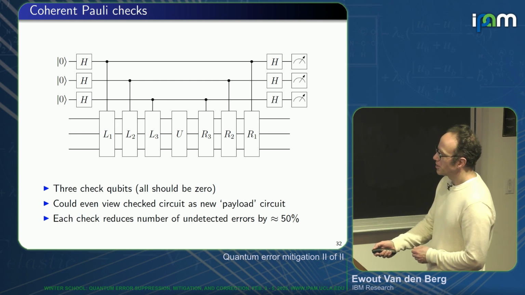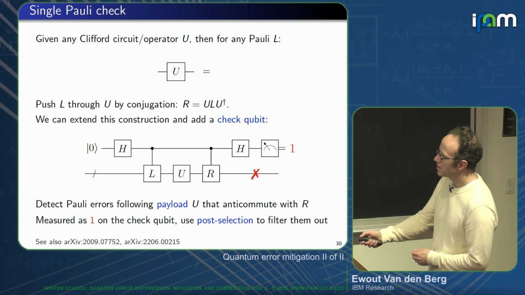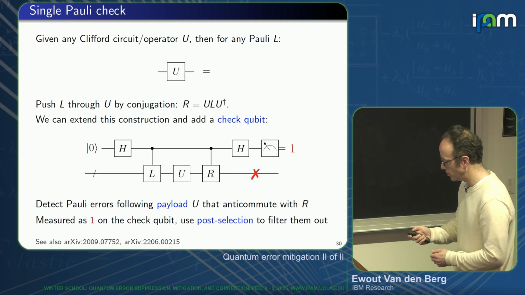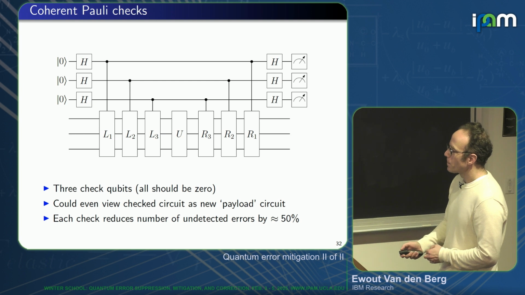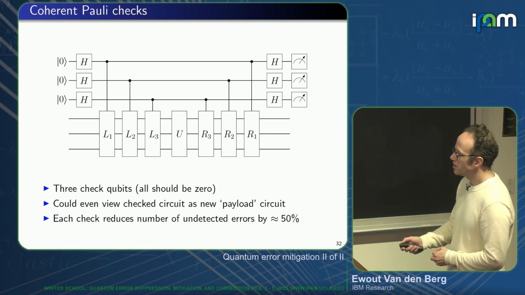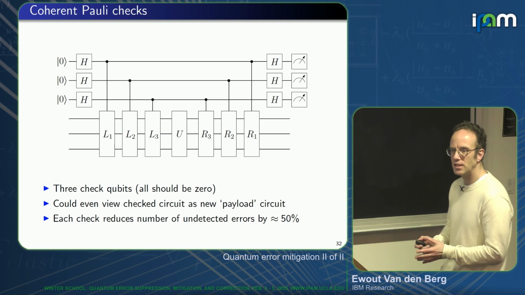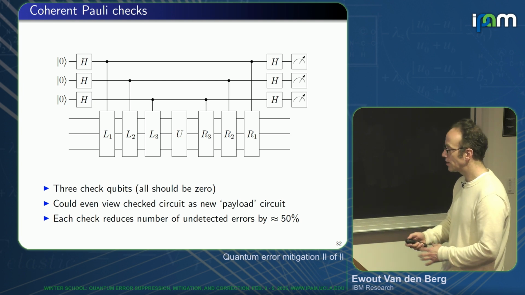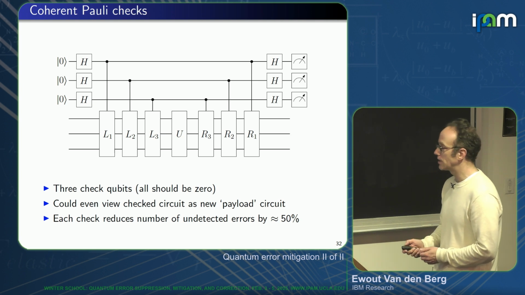You can even see this whole circuit we had here as a new Clifford circuit and apply a whole check on the whole circuit if you really want to, but that's not what we've done. So every check on average captures 50% of the error. So you're going to halve the number of errors at every step approximately, so that greatly reduces the number of effective errors.